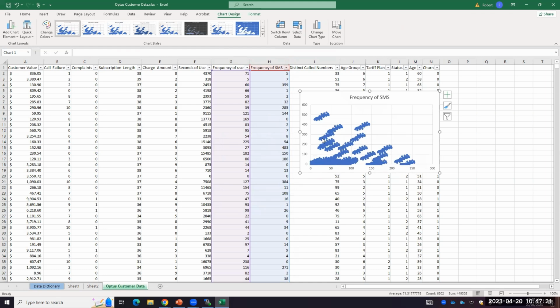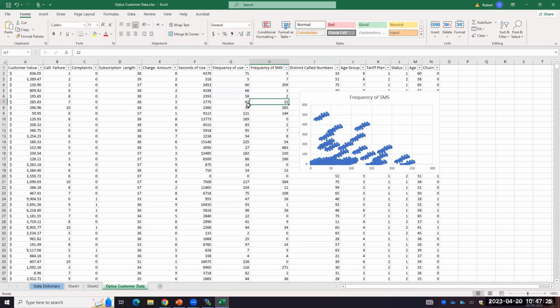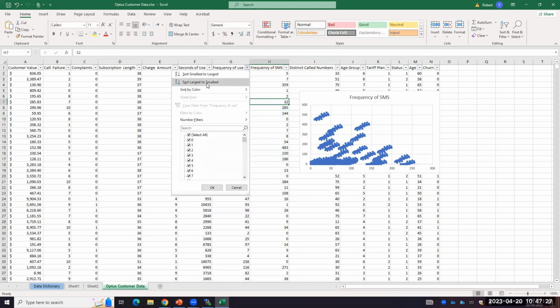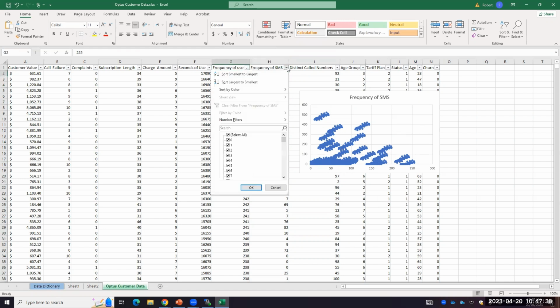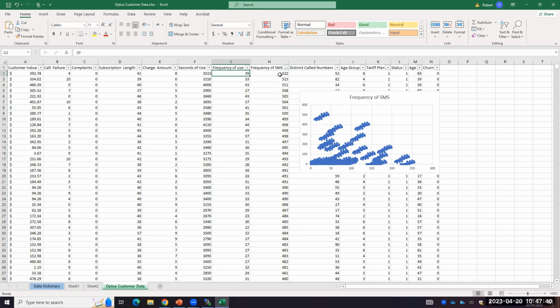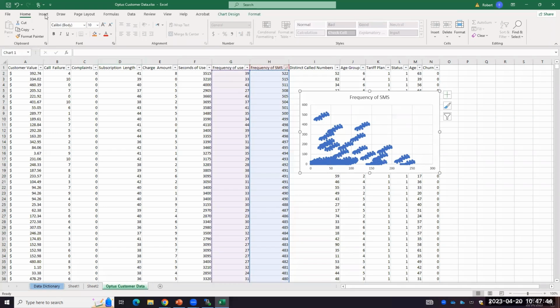So what are we looking at? Which one's which? Sort largest to smallest, 255. So I'd say that the frequency of use looks like it's the x-axis because it only goes up to 255. Largest to smallest, yeah. And frequency of SMS is the y-axis. Let's just label those.